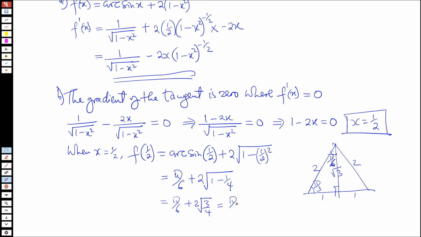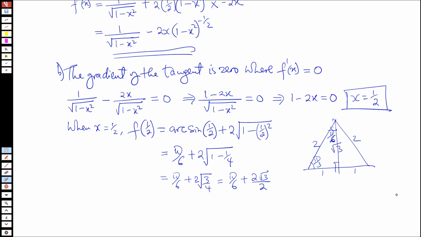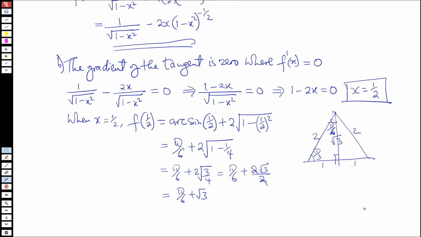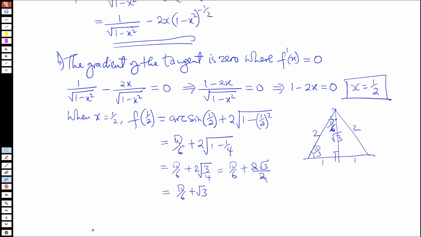And this is the same as pi over 6 plus 2 root 3 over 2, which simplifies to just pi over 6 plus root 3. So at x equals a half, we have seen that y is equal to pi over 6 plus root 3. So the coordinates of the point where the gradient of the tangent is 0 are a half, pi over 6 plus root 3.